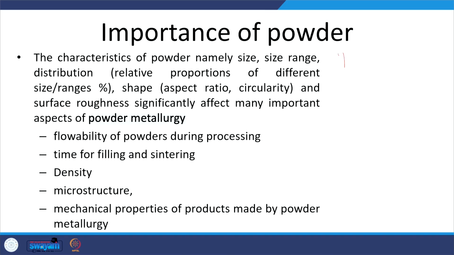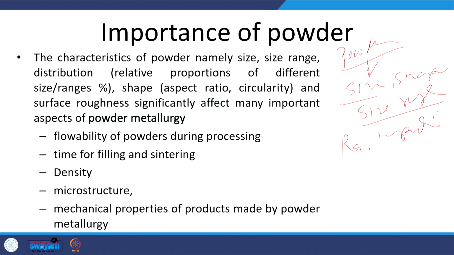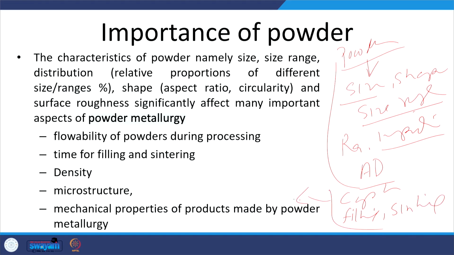Powders play a significant role in powder metallurgy. So, the multiple characteristics of the powders, like size, shape, size range, then the roughness of the powder particles, impurities associated with the powder particles, and the apparent density associated with the powder particles, affect the compaction, the filling and the sintering, and which in turn affect the soundness of the product being made.